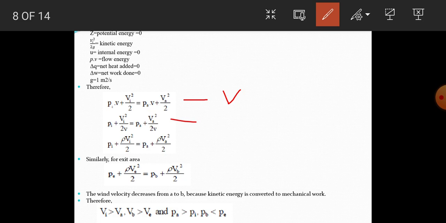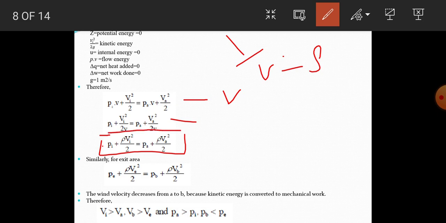So P1 V by V will be P1, then Vi square by 2V, and similarly on the right hand side. As we know that 1 upon V is equal to rho, density. So here we have shifted it in the numerator, and we got 1 upon V is equal to rho density.